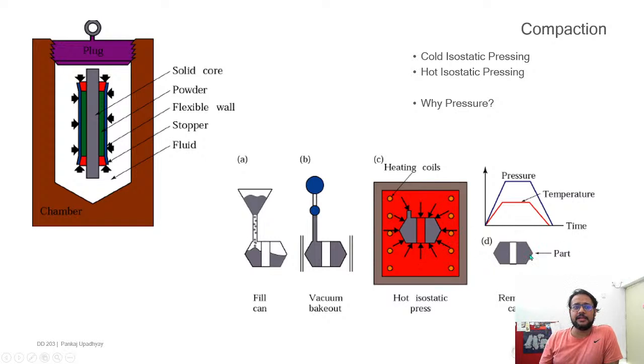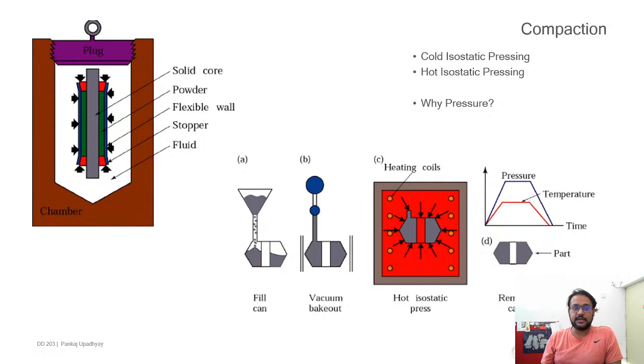Finally, this example tells you how the pressure and the temperature change over the cycle. You would increase the pressure, you would increase the temperature, you would hold the pressure and the temperature at a certain value for a certain amount of time, then you would start reducing the temperature and the pressure. Once that is done, the part along with the outer casing comes out.